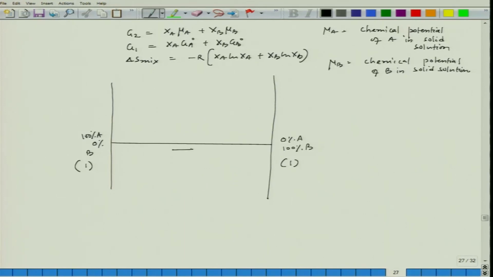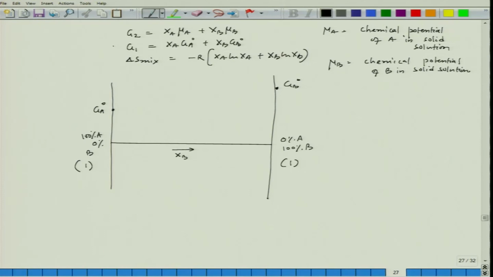And if I try to see the mole fraction of B varying in this way, so gradually the mole fraction of B would increase from 0 to 1. So, now here if I try to see GA 0 position and GB 0 position, then these are two extreme points when the mole fraction is 1 for A and mole fraction of B is 1 when it is GB 0.